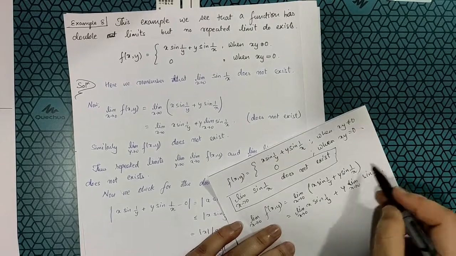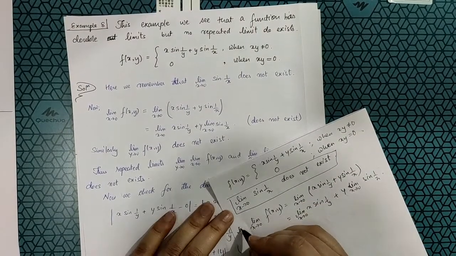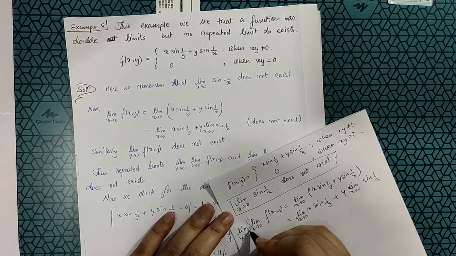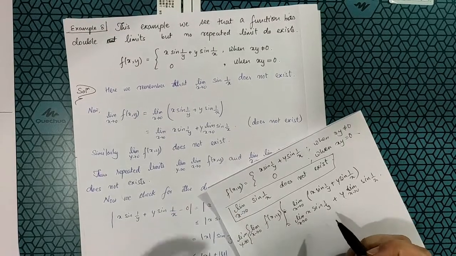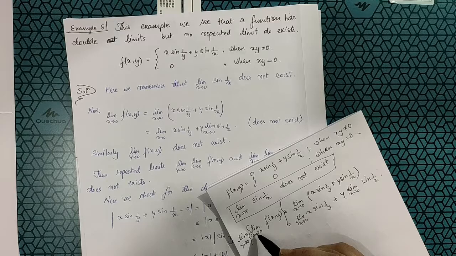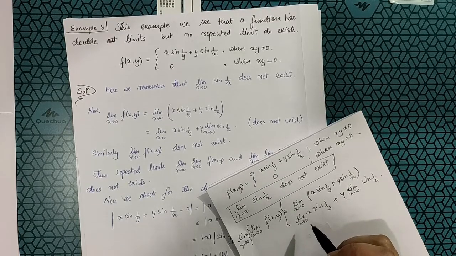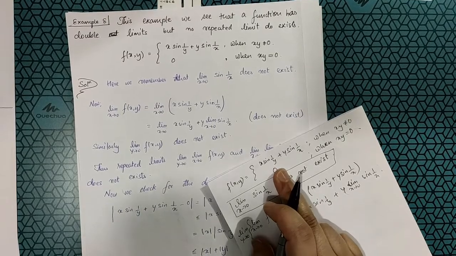This part does not exist, and hence this whole limit does not exist, and hence if we put limit y tends to 0, this limit will also not exist, hence the repeated limit does not exist. Similarly for the other part, limit y tends to 0, this limit will not exist. So both the repeated limits do not exist in this example.